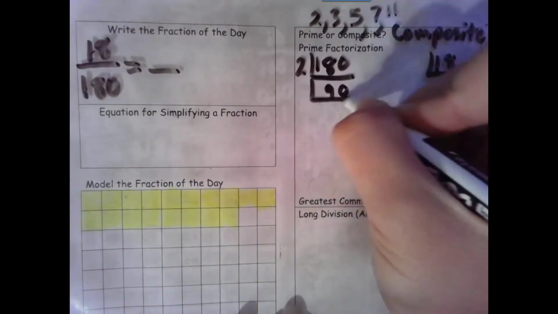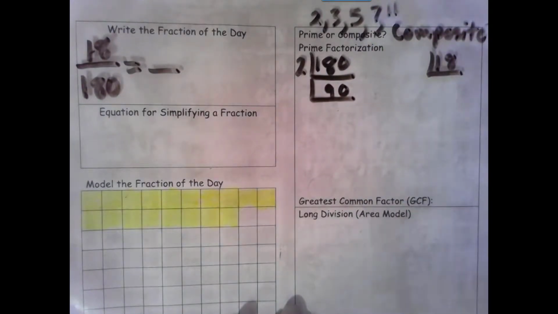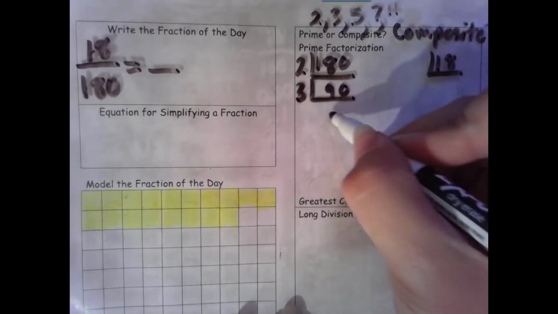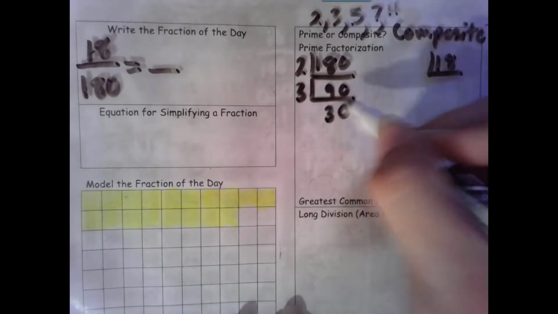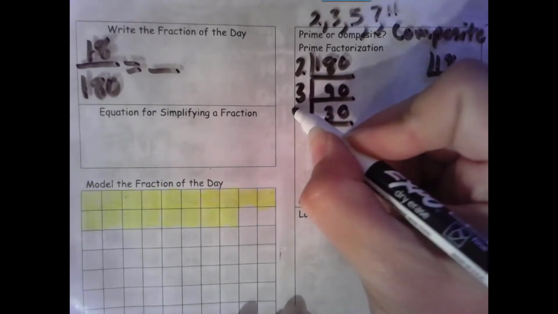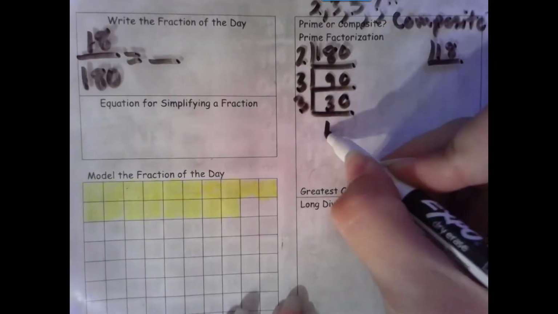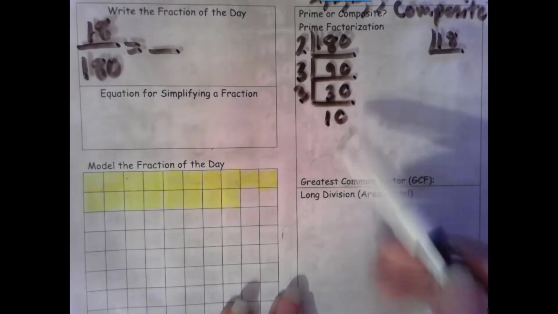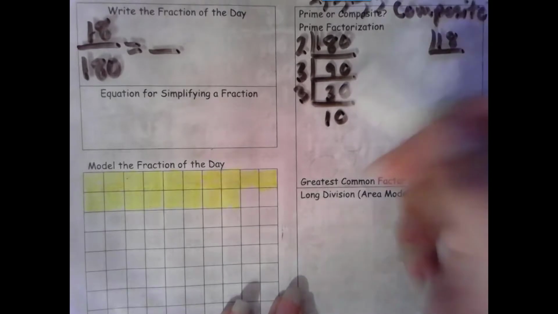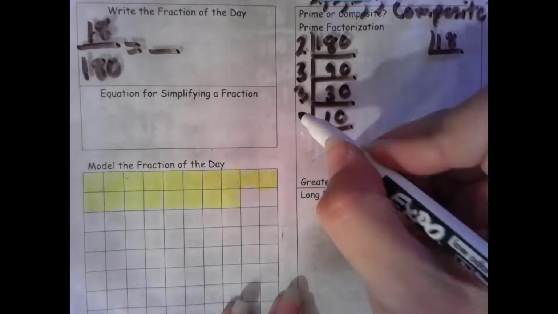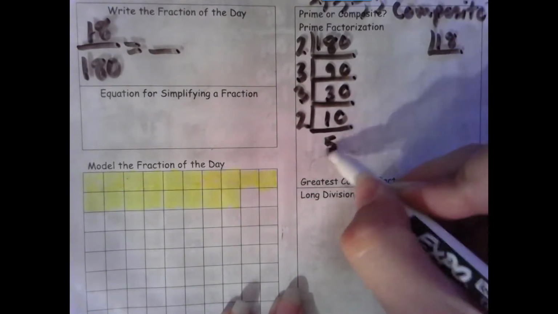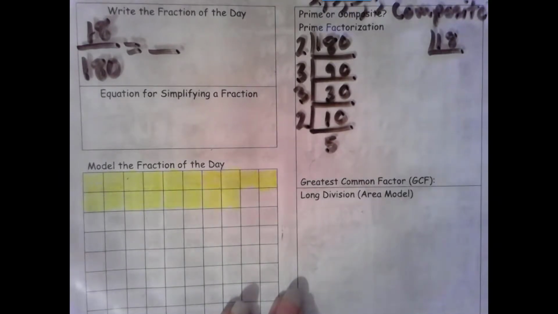Half of 180 is 90. I could divide by 3. 3 groups of 3 in 9, and then our placeholder. I can do 3 again. 3 times 10. I keep going until this bottom number is prime. Then half of 10 is 5. 5 is prime, so we've gotten to the bottom.